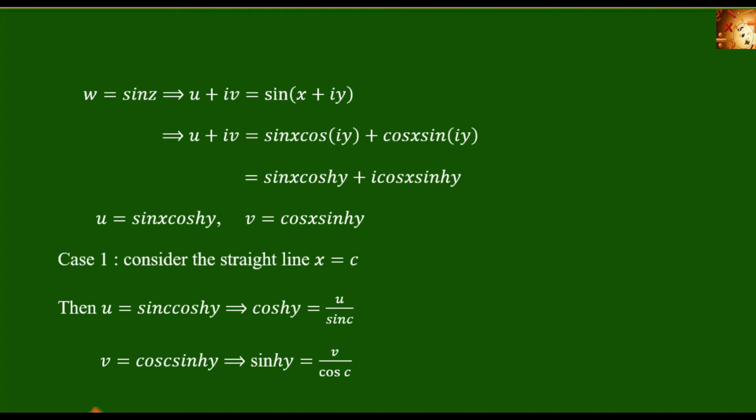For that, from u we get cosh y equal to u by sin c, and from v we get sinh y equal to v divided by cos c. So here these are the hyperbolic functions, cosh y and sinh y. What is the identity for hyperbolic cos and sin? Cosh square x minus sinh square x is equal to 1.